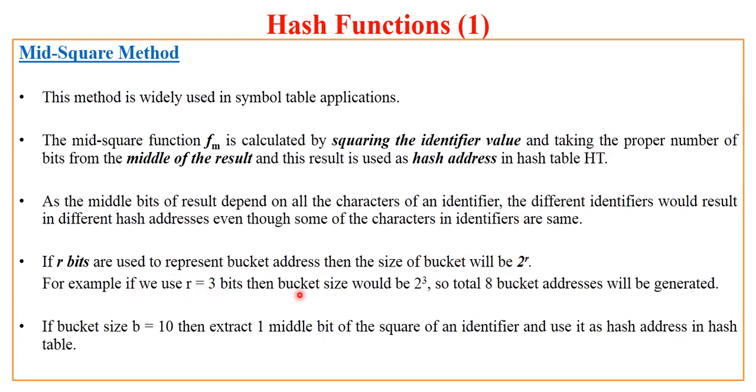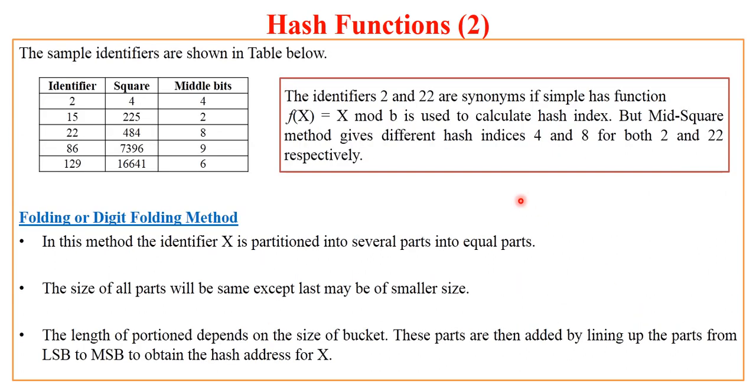So if r is equal to 3, then the table will be holding 8 bucket addresses, and if the bucket size is 10, then we can choose exactly one middle digit of the square of the identifier and use it as a hash address in the hash table. Now let us see this.